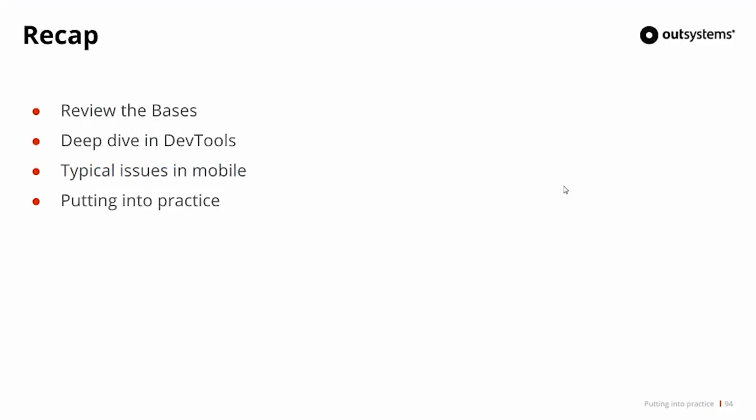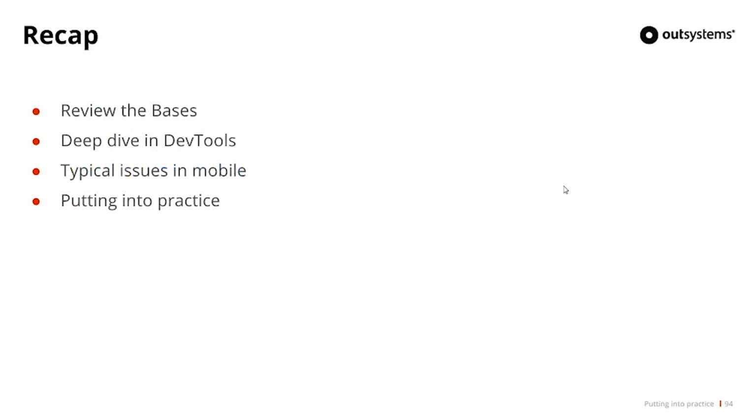So, recap. We reviewed the basics. We saw what is happening under the hood, and how, when you make a request for a page, what is happening before the page reaches the browser. Then we saw what the browser needs, and the critical path of the browser to bring the page to our browser.